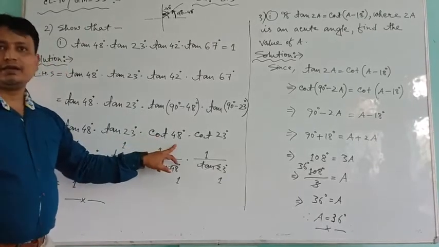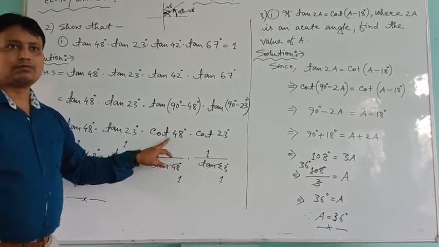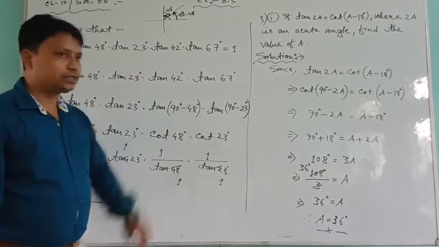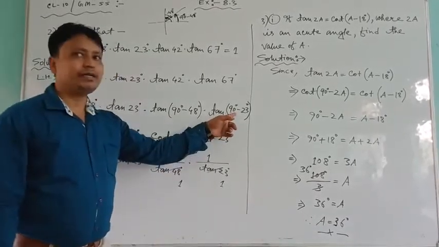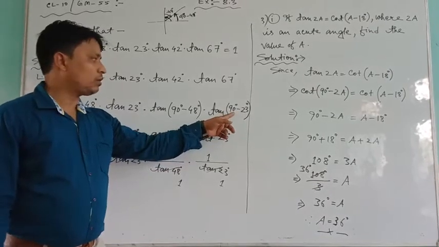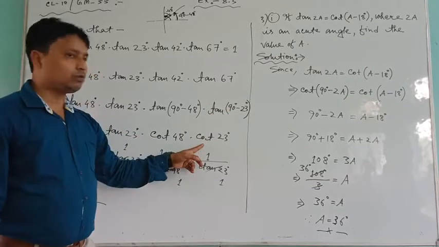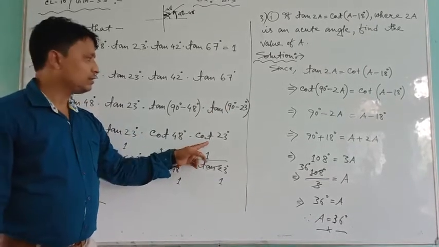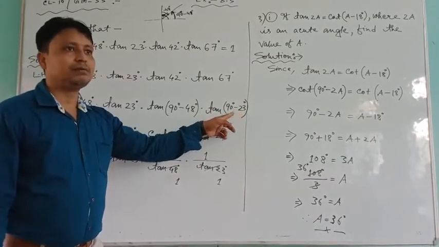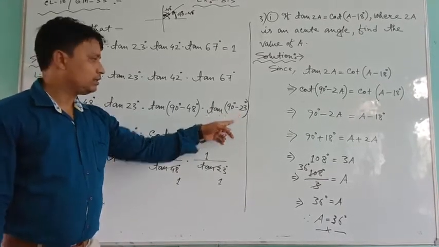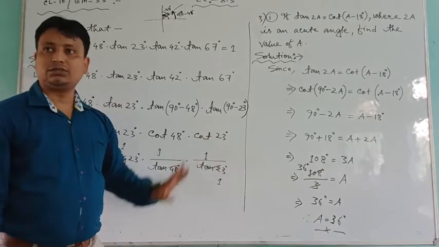So cot 48 degree. Then next one, see 1 into 90, 1 is odd, tan changes into cot. It is also under the first quadrant. 90 minus theta, first quadrant, all trigonometric ratios positive. So tan changes into cot, cot 23 degree.